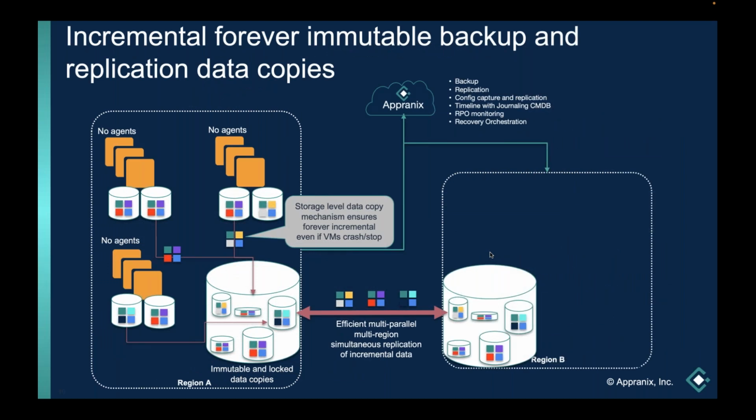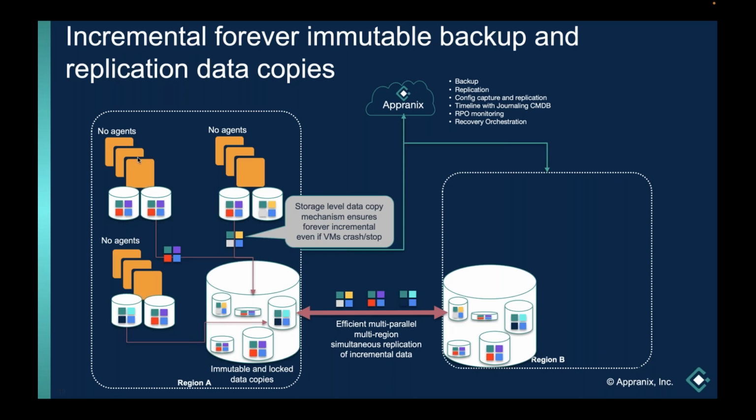But when it comes down to your actual application data, Appranix automatically incrementally copies all the data using the cloud built-in capabilities. So using cloud data infrastructure, Appranix uses all of that to give you good data management capabilities to be able to protect incrementally, so that even if those virtual machines die, crash, or restart, you don't have to worry about what really happened with the agent.